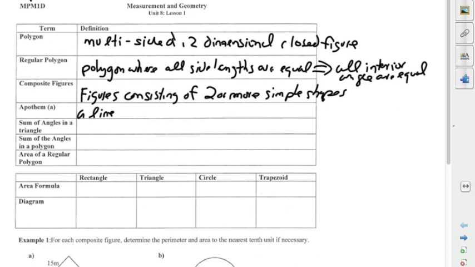Because an apothem is a line from the center of a polygon to the middle of one of the sides.